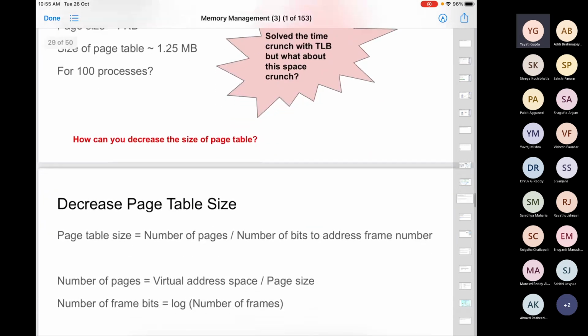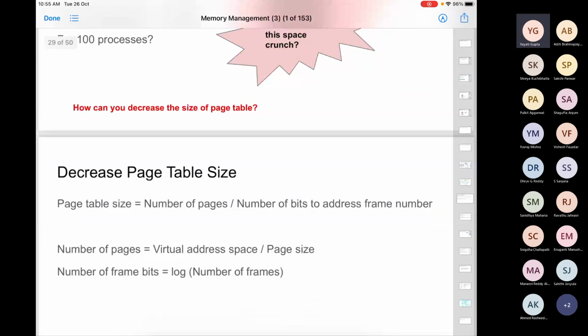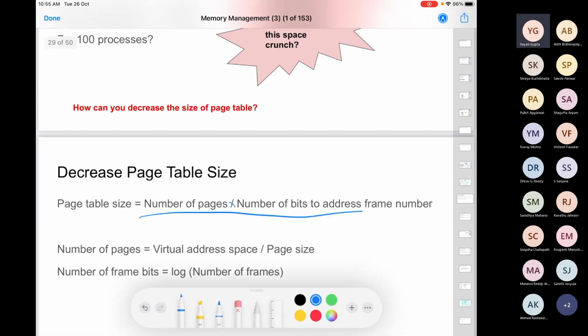So if you look at your page table size, this is what we are again and again writing, right? It's a multiplication here, I'm sorry. So this is your page table size, right? Number of pages into number of bits to address the frame number. So if you want to decrease the page table size, you'll have to decrease these two numbers.